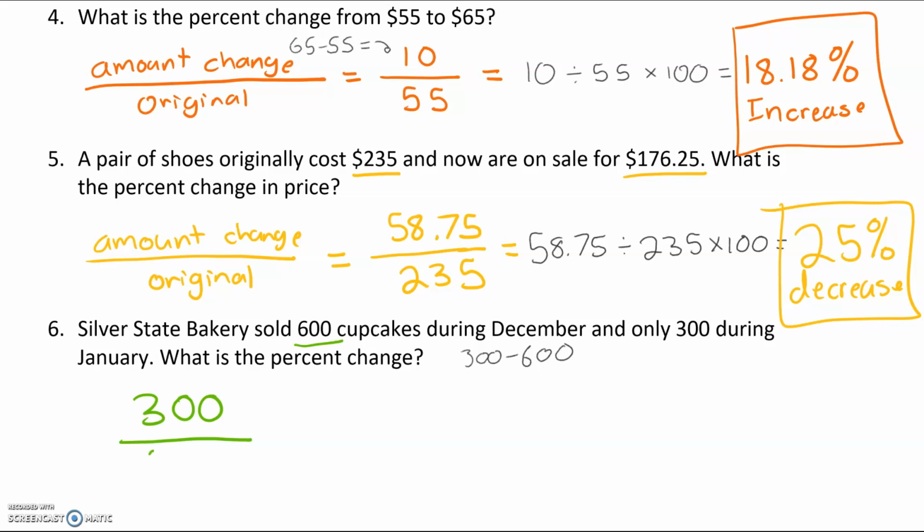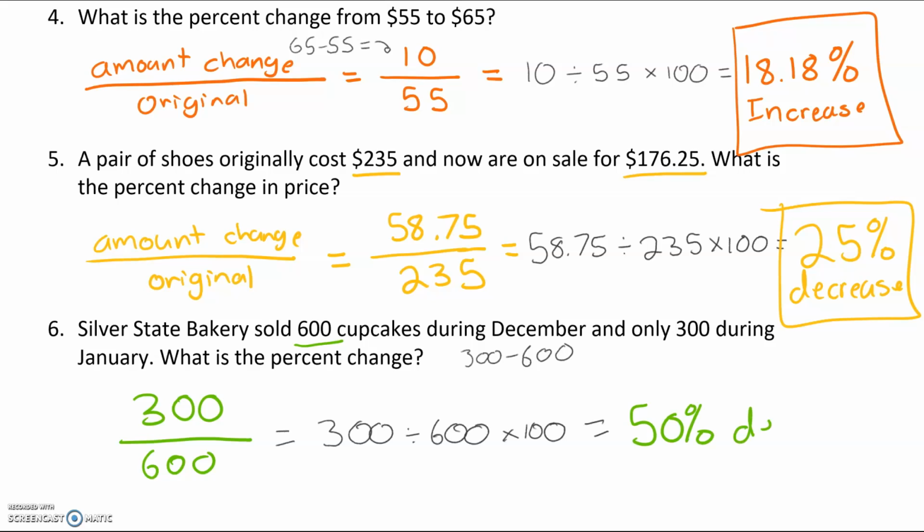My original amount is 600. So in my calculator, I'm going to do 300 divided by 600 times 100. Lots of hundreds there. And that's going to give me an answer of 50% decrease in cupcake sales.